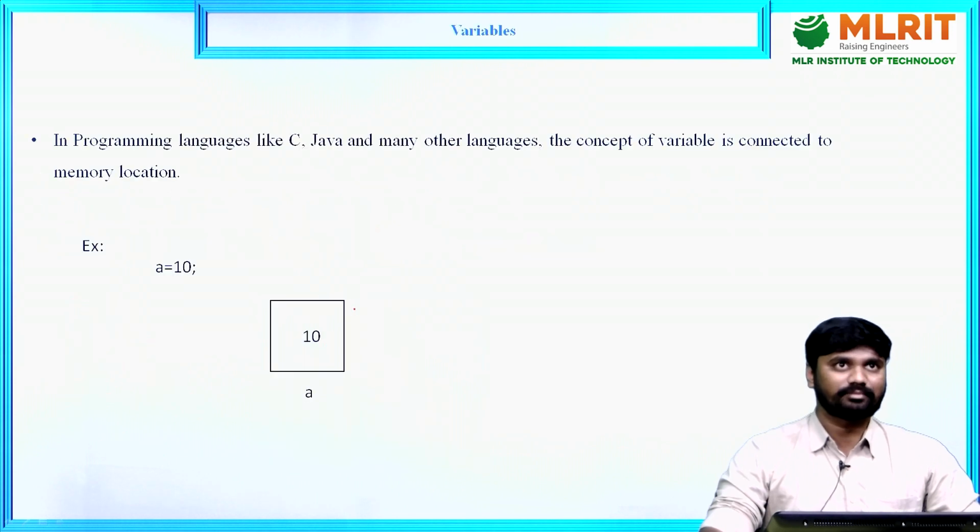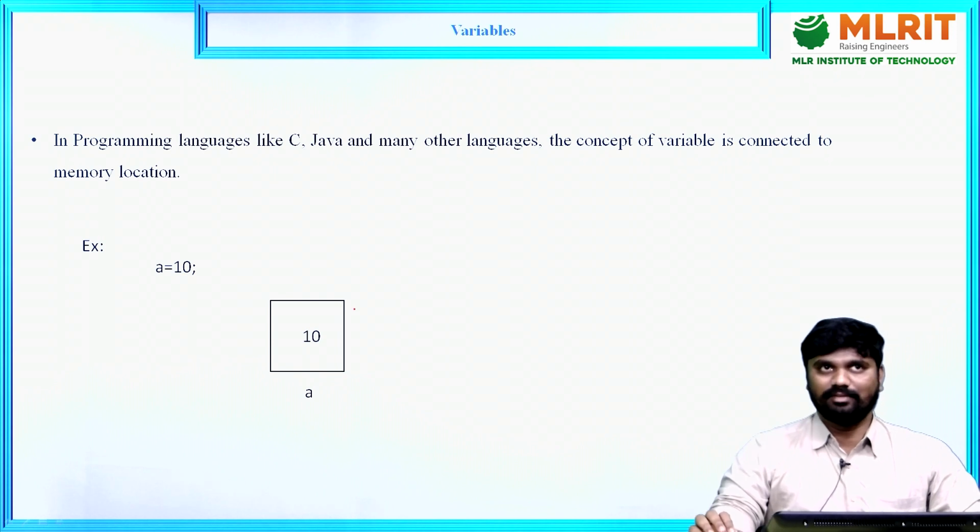Next, program variables. What is a variable? Generally, the common definition is that a variable is used to store values which are used to achieve the application requirements or project requirements.